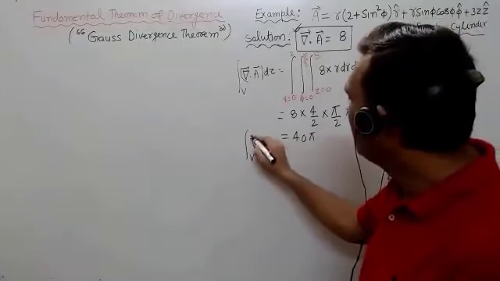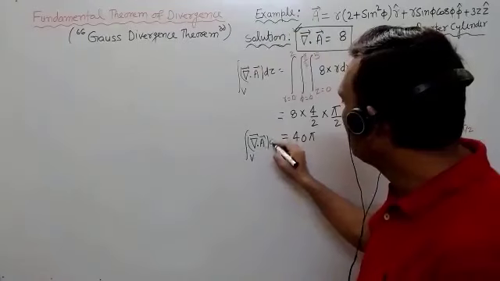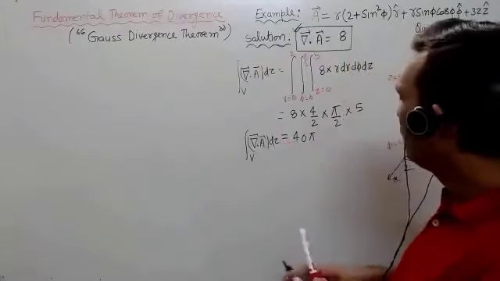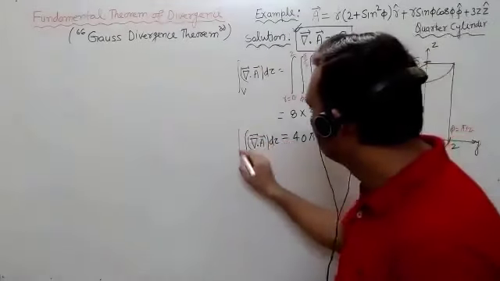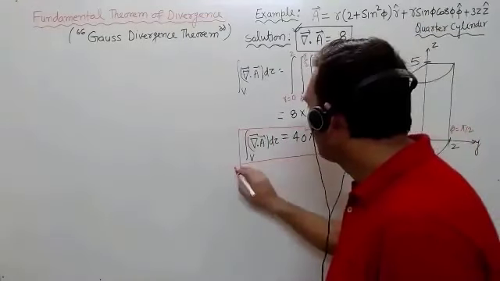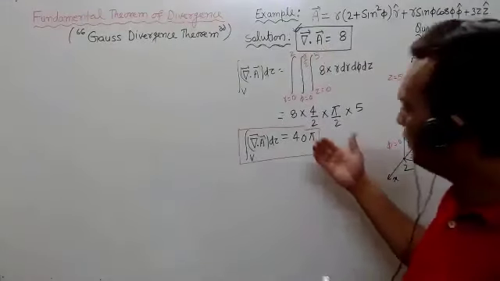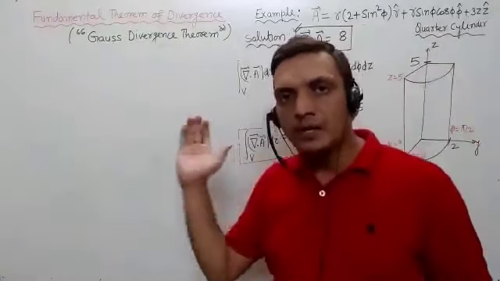So volume integral of divergence A d tau is 40 pi. So that is the volume integral, left hand side of the theorem.